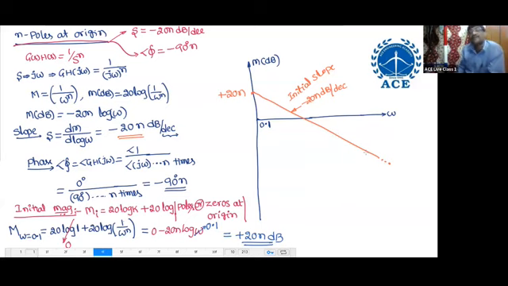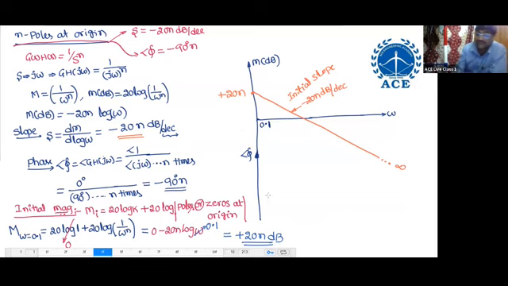That is more important. This goes up to infinity because there are no finite corner frequencies.